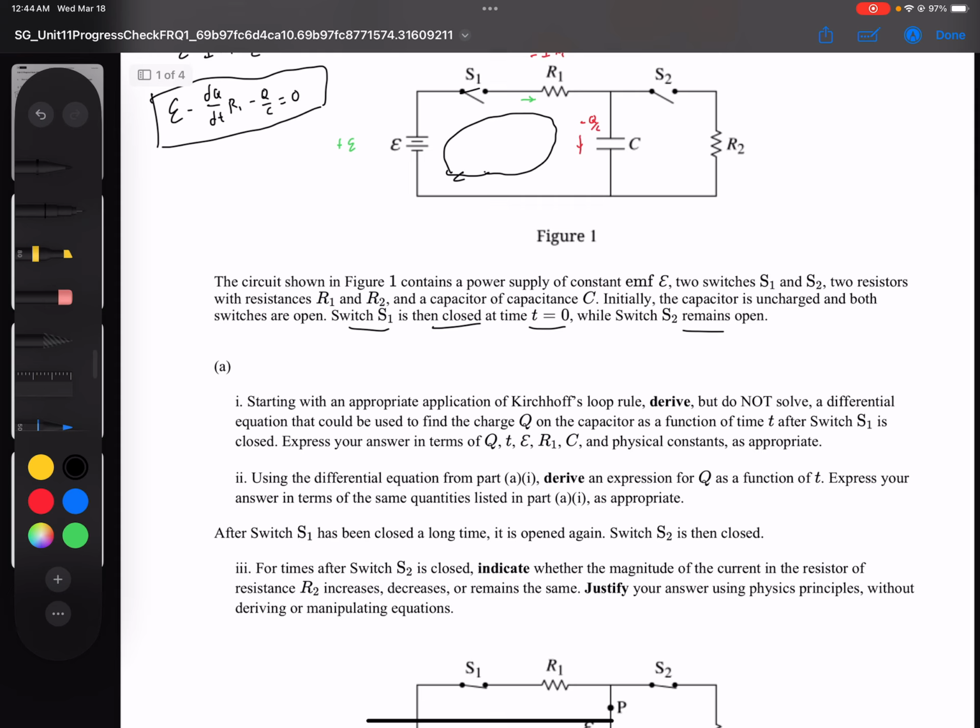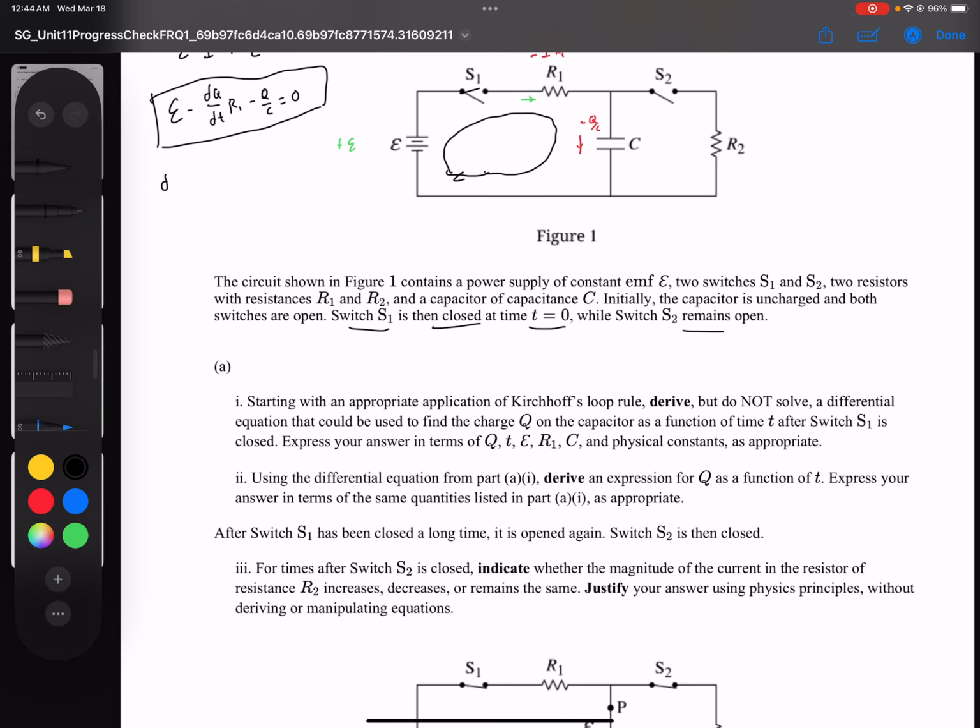Part 2, now we get to solve the differential equation. We have to derive an expression for Q as a function of time using the same quantities that are given. So now we're going to want to separate our variables and integrate in order to find the solution to the differential equation. Here I'm going to get dq over dt by itself.